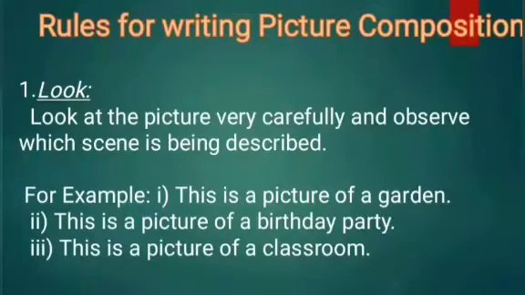Now we are going to discuss certain rules for writing picture composition. First rule is you have to look at the picture very carefully. You have to observe which scene is being described. It can be a scene of a garden, a classroom or a birthday party.